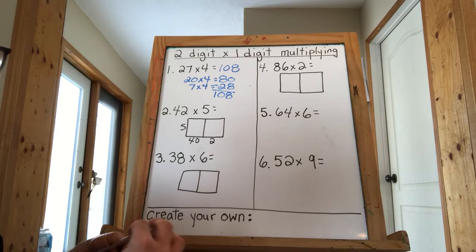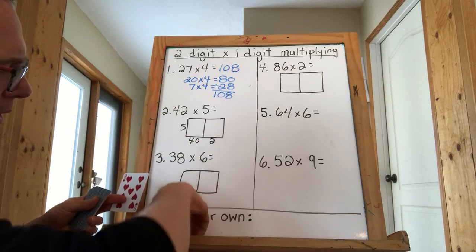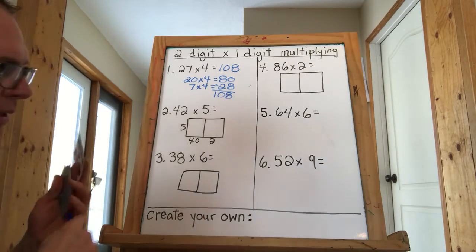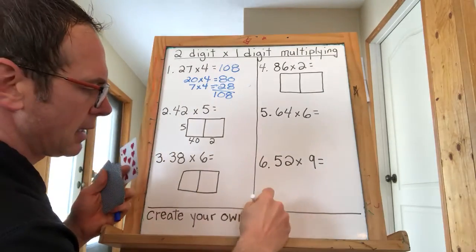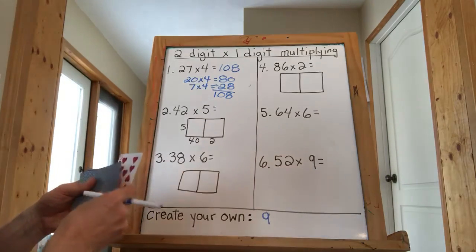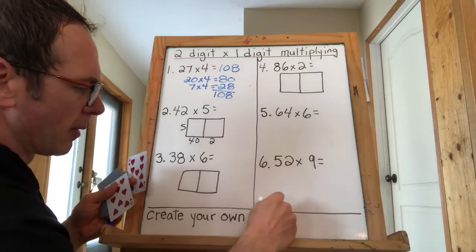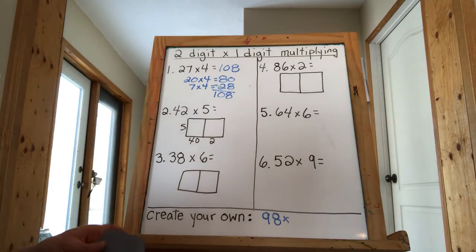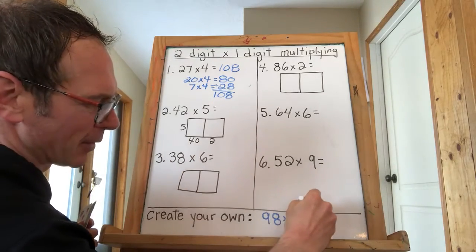So my question is going to be 98, I didn't shuffle them up very well, times 7. I still picked it out of the middle.